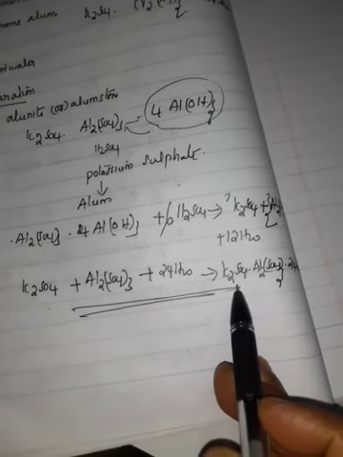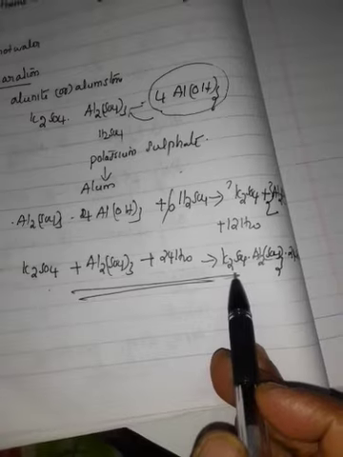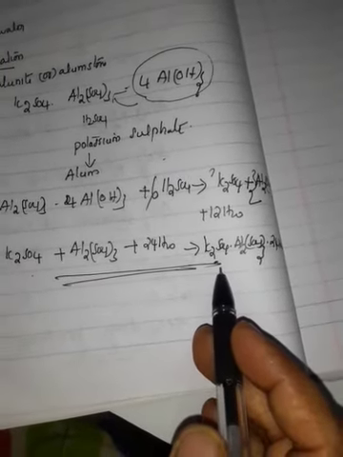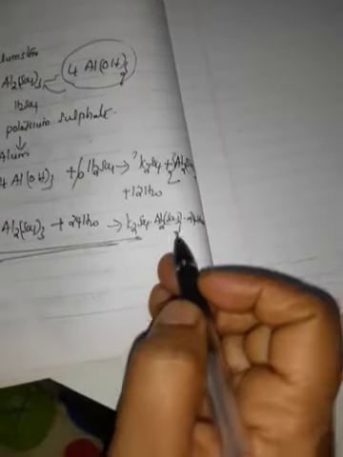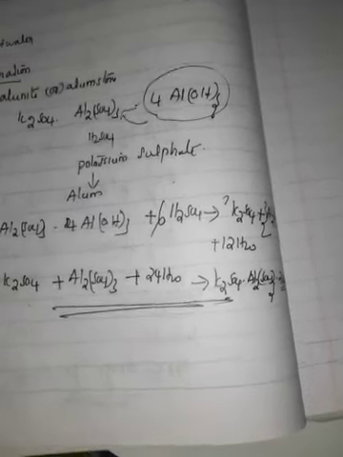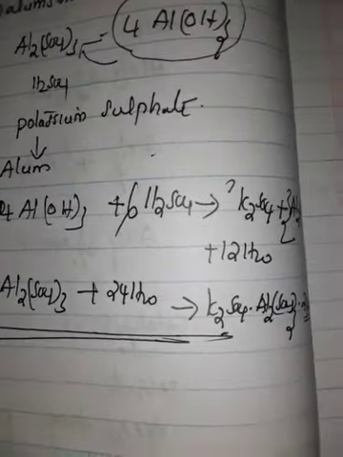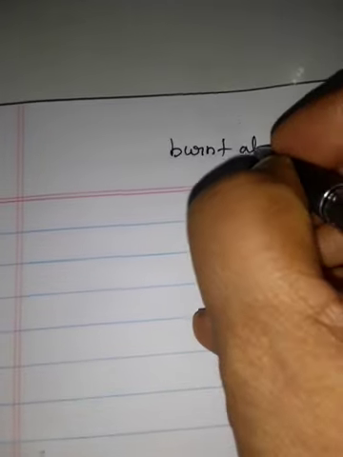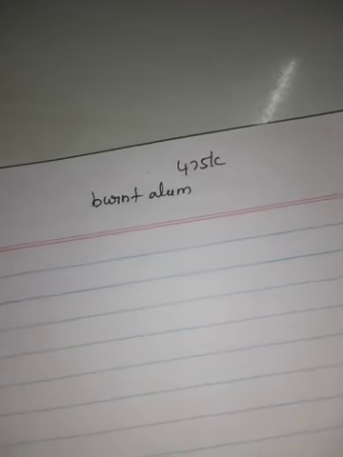When heated at 475 Kelvin, it loses the water of hydration and swells up. That swollen mass is called burnt alum.